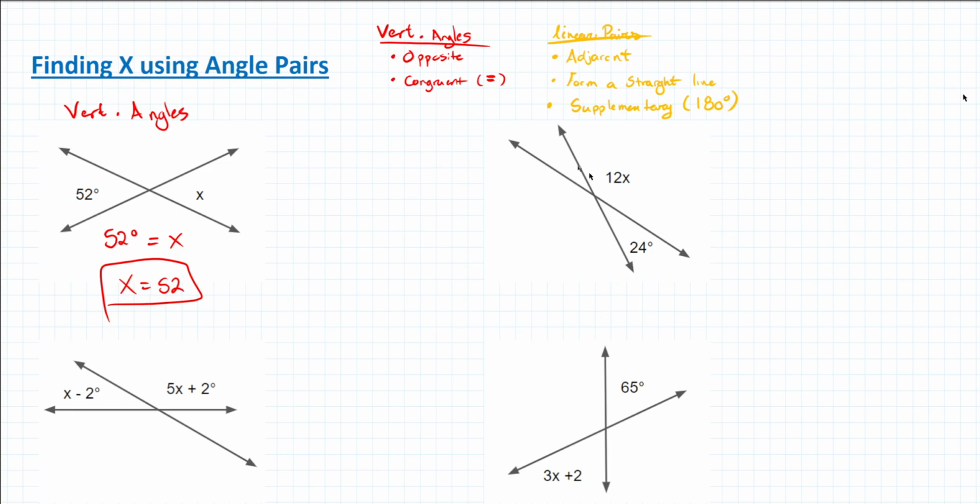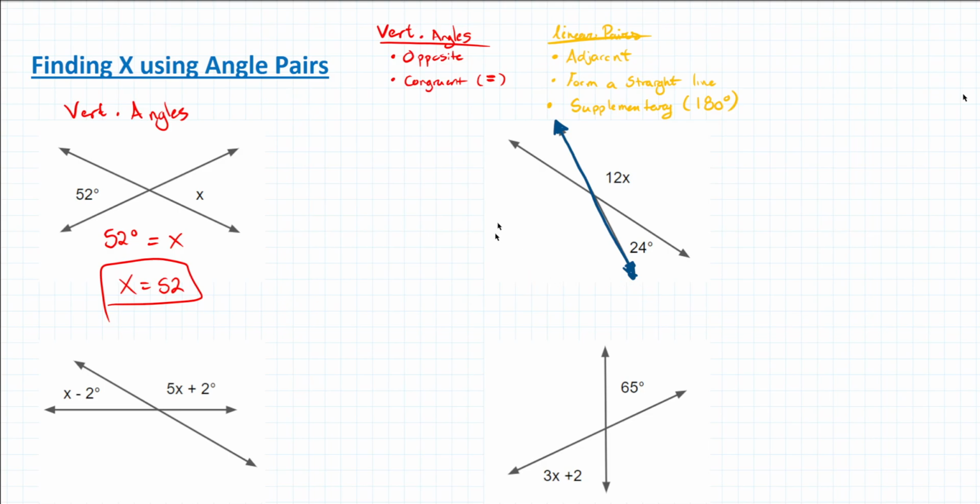How about these guys? Are these vertical angles or linear pairs? Let's find out. Well, they're next to each other. They're adjacent. They form a straight line, right? So that means that they are a linear pair. Very good.